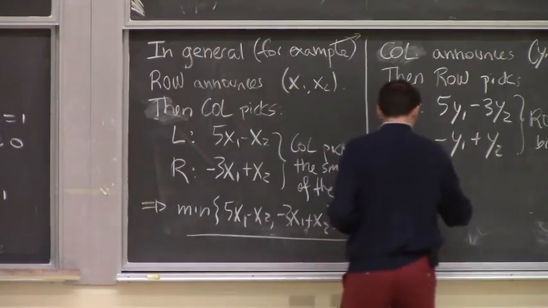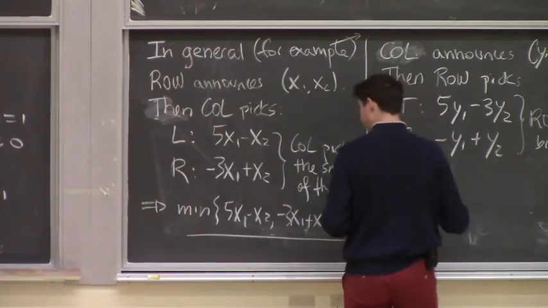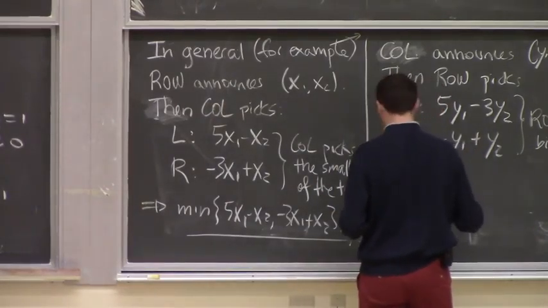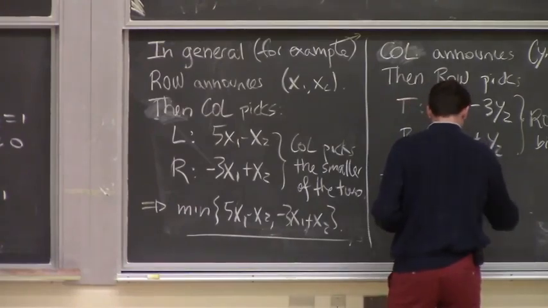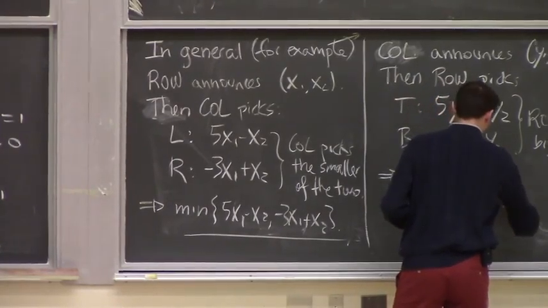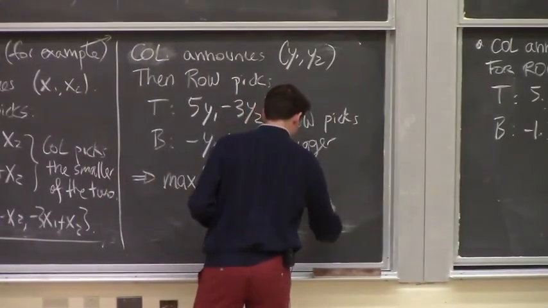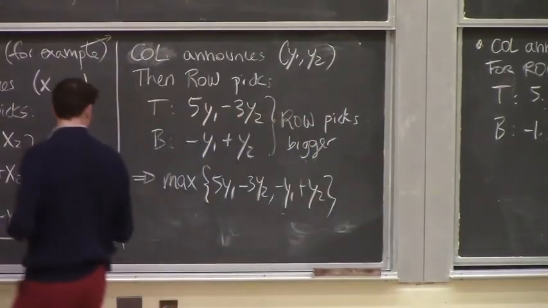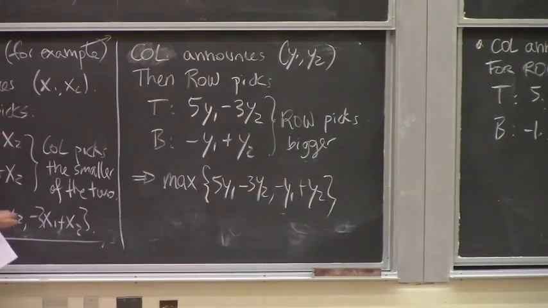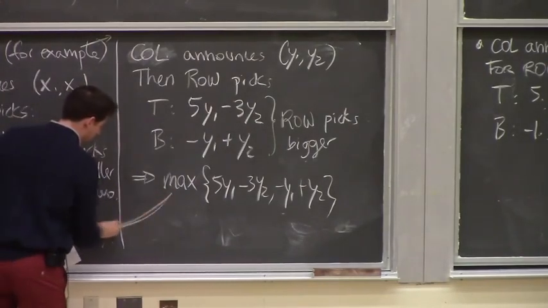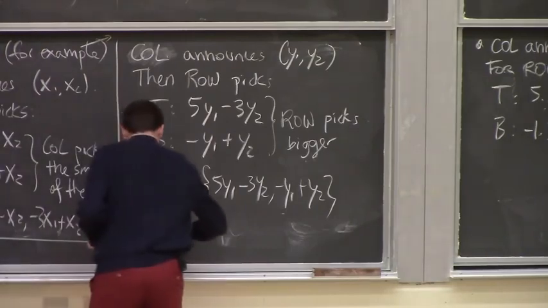The maximum of this expression, 5y1 minus 3y2, or minus y1 plus y2. OK? Now, what we want is for these two expressions to eventually equal one another. So we want them equal.